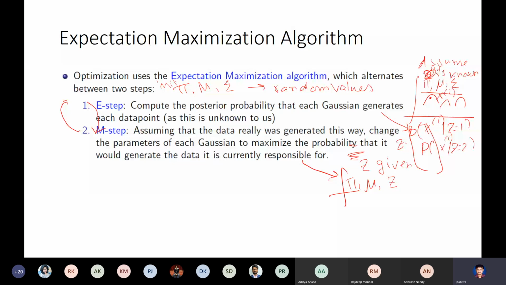That means given these probabilities, estimate the values of pi, mu, sigma. The first one you can see is, if you know pi, mu, sigma, you get the full distribution on Z. So you are not making a point estimate on Z. This is a Bayesian estimate of Z, because I know the full distribution of Z. Z is a vector.